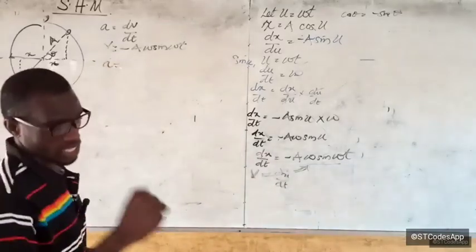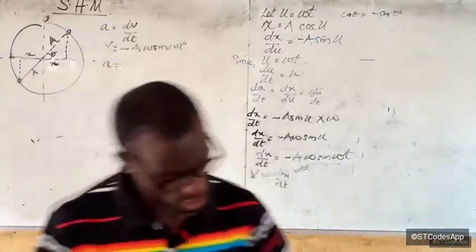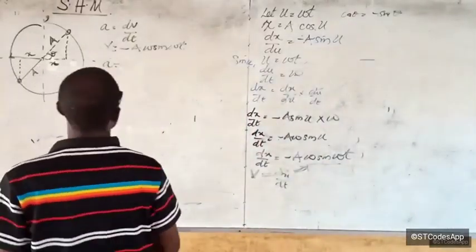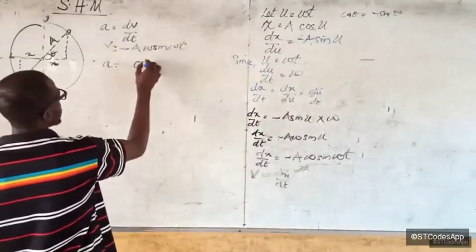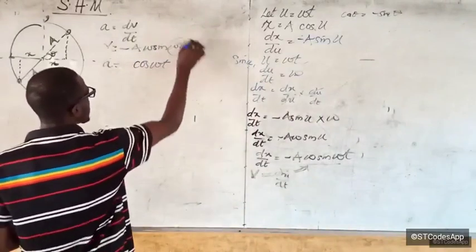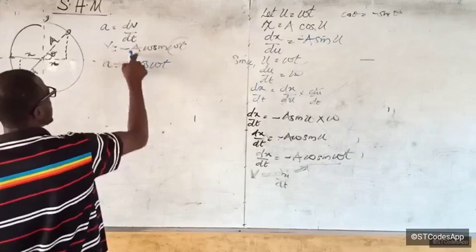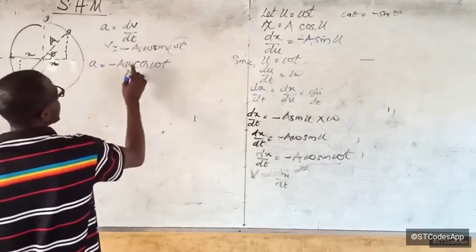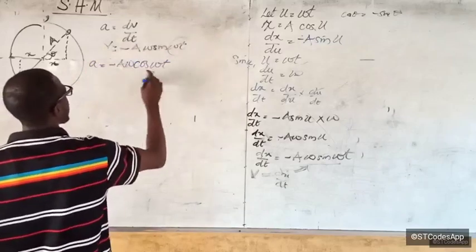The trick for function of a function is just differentiate this, you get cos omega t, differentiate this, you get omega, then this one you are not differentiating will still be left, so we have minus A. Now we had omega here before, so let's rewrite that.